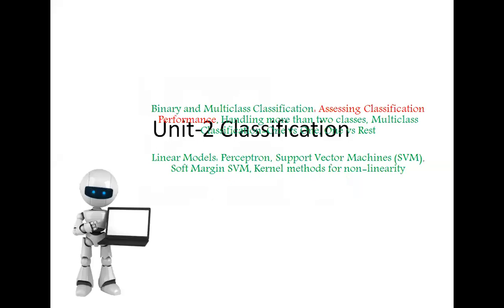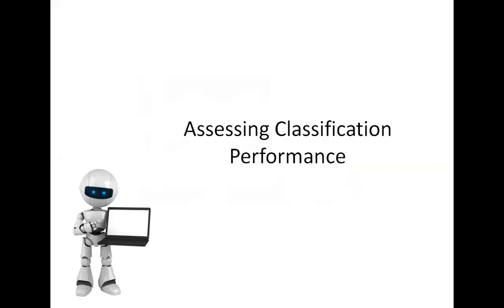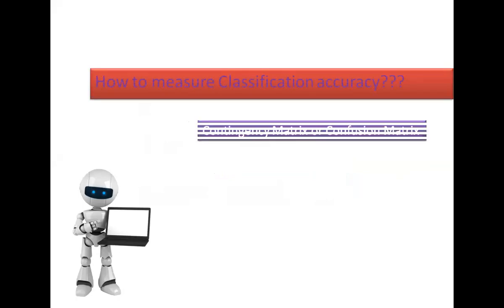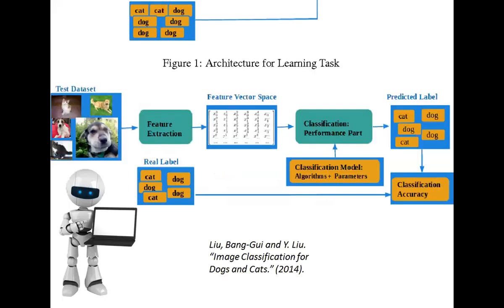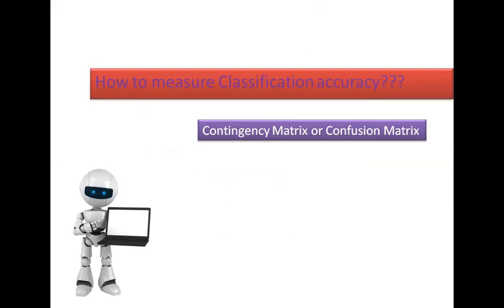Now next we have seen assessing. The first point we have covered is binary and multi-class classification. The next point is assessing classification performance. Classification performance can be measured with the help of the contingency matrix or the confusion matrix.